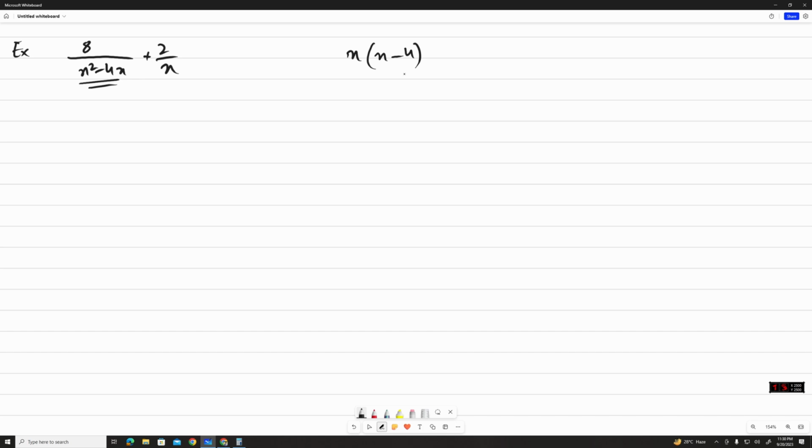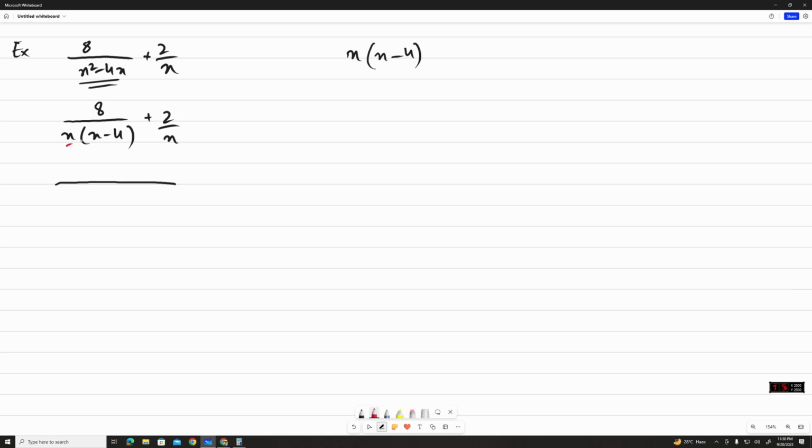So what will happen here? It's going to be x minus 4 plus 2x and 8. Now in the denominator we have to have an LCM. So how do you take the LCM of variables?